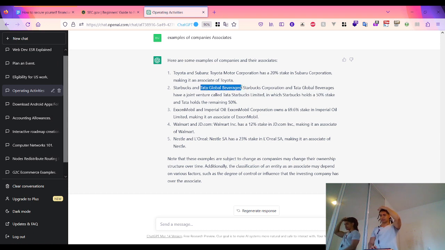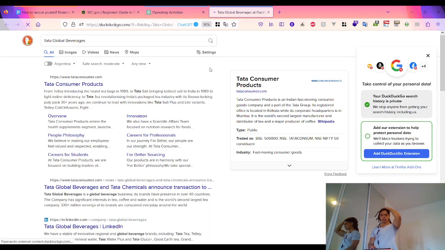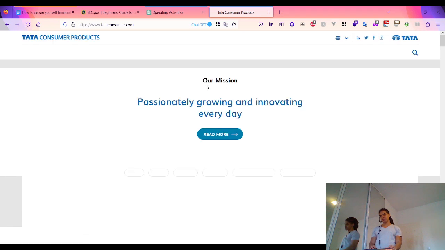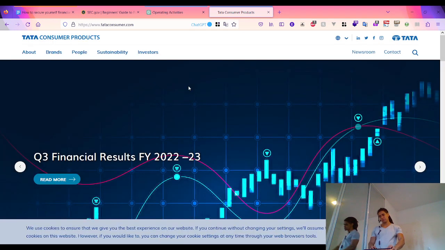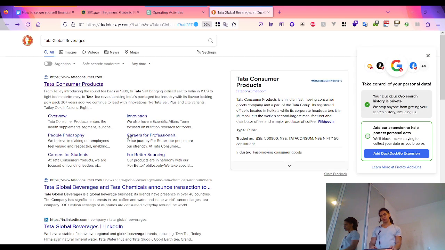Tata Global Beverage, now Tata Consumer Products, is an Indian fast-moving consumer goods company and part of the Tata Group.